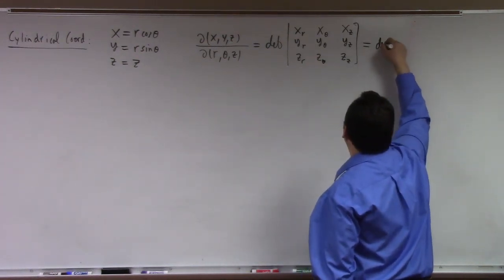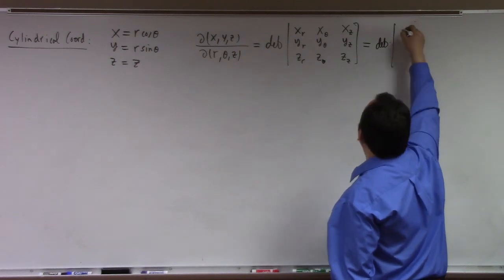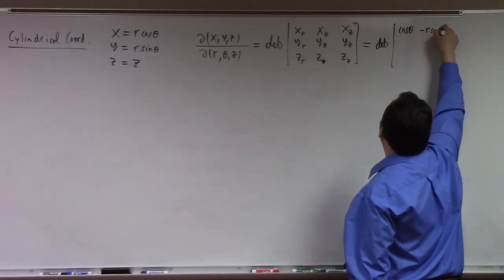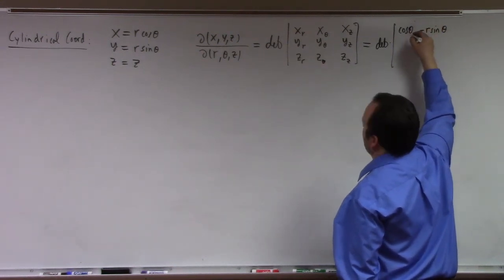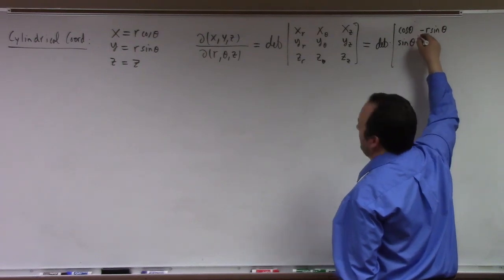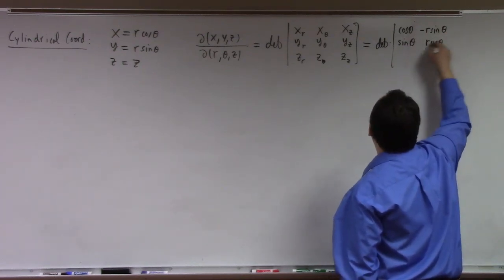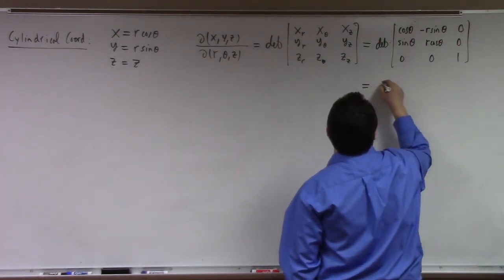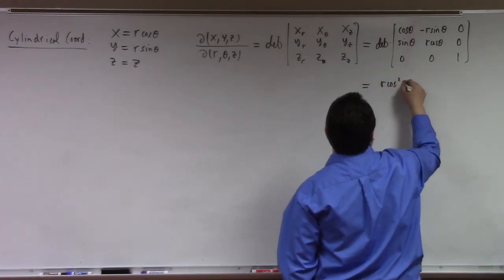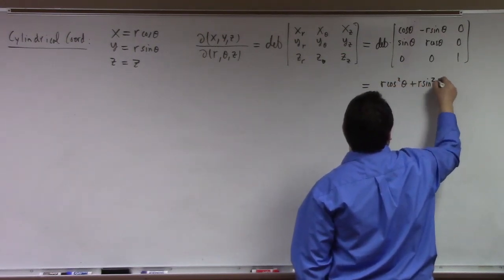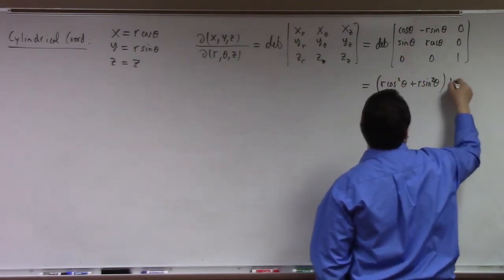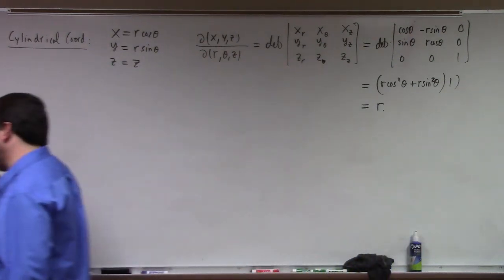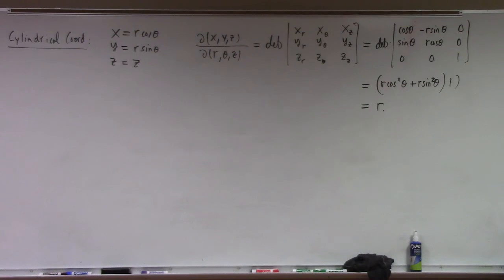Okay, so that is actually the determinant. This should be very reminiscent of the last class, remember? We did the polar, if I remember right. It's almost the same calculation. It's just now inside a 3x3 matrix with some zeros. So that works out to r cosine squared theta plus r sine squared theta, times 1, also known as r. So that's cylindrical coordinates, r dr d theta dz.